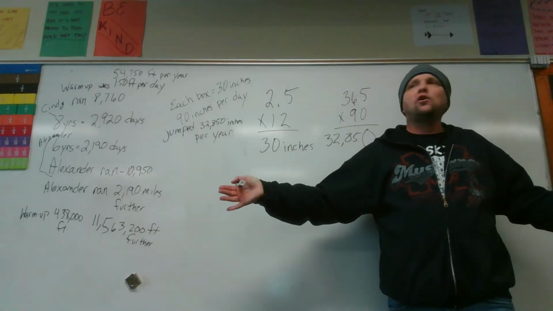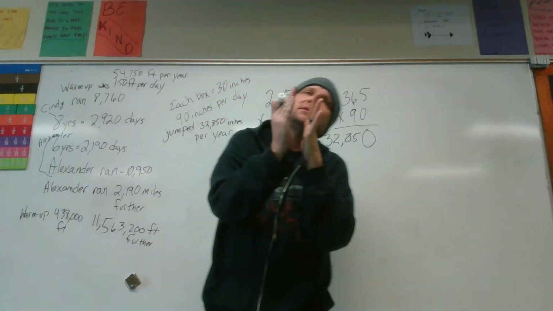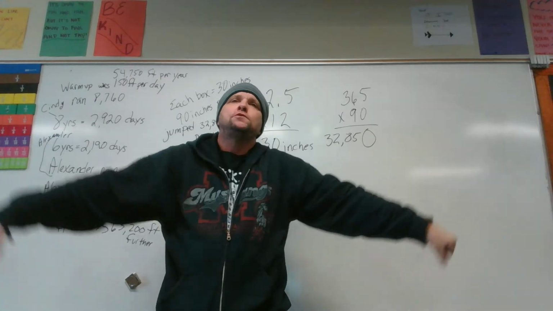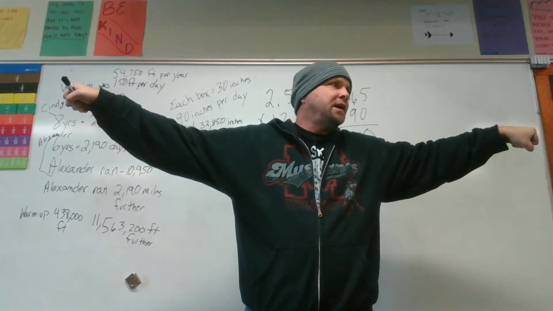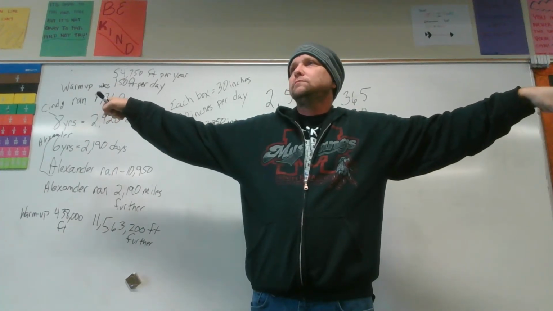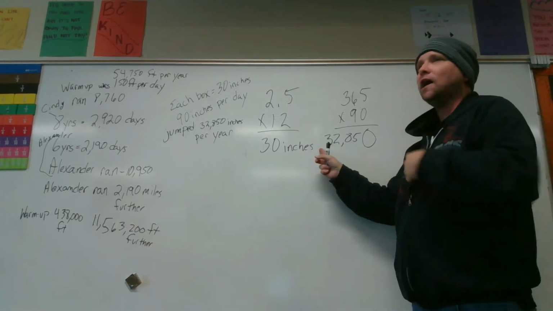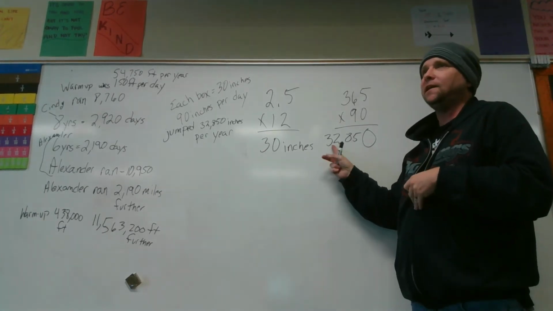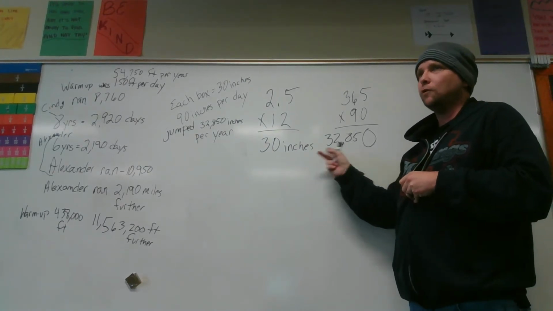I'm going from inches, which are smaller, to feet, which are bigger, which means we're going to divide. Yes, I want it to shrink, because he's not going to run more feet than inches.